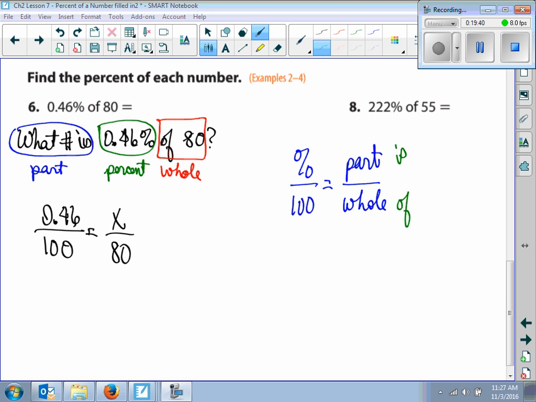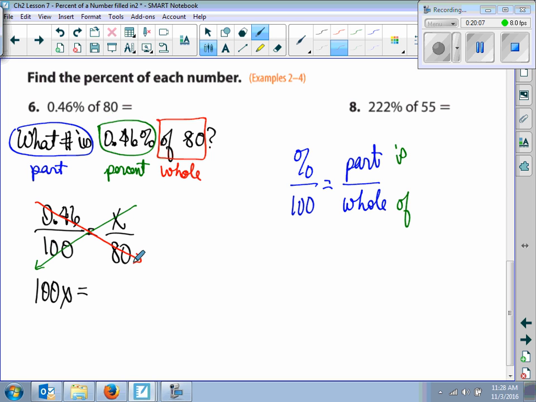Okay? So on one side, we have 100 times x, which is 100x. Good. We're going to write 100x, which means 100 times x, right? And that's equal to, on the other side, let me use red.